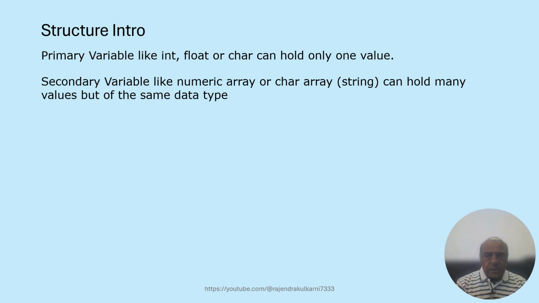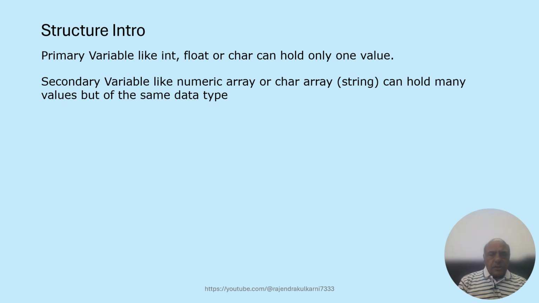A numeric array can hold any number of constants as its elements depending on how that particular array has been declared. Similarly, a string or a char array can hold any number of characters depending on the way it has been declared by the programmer.